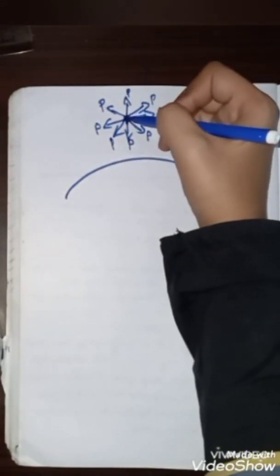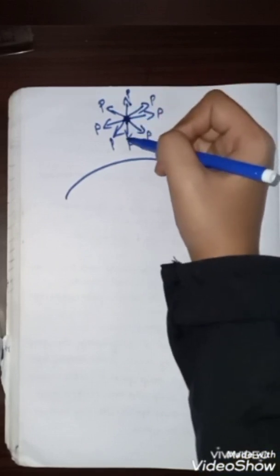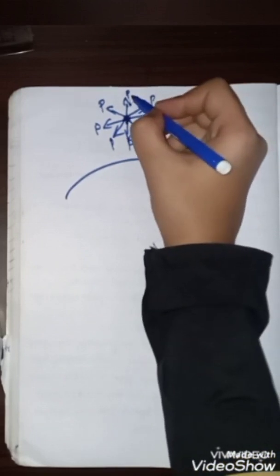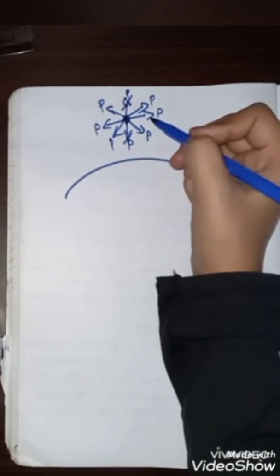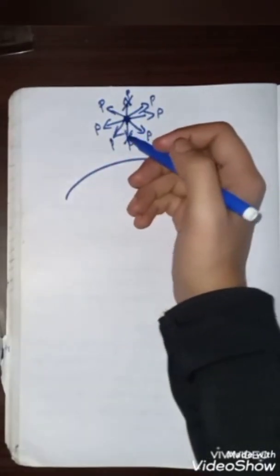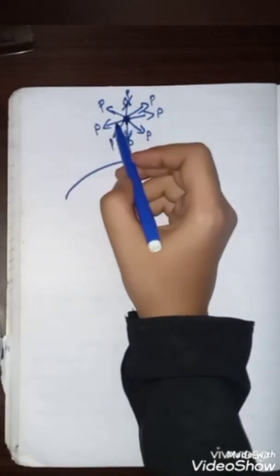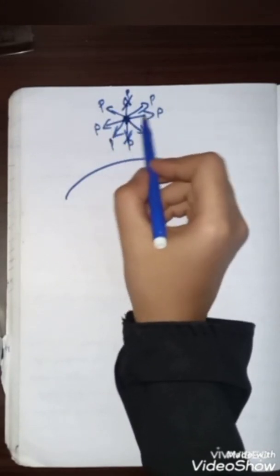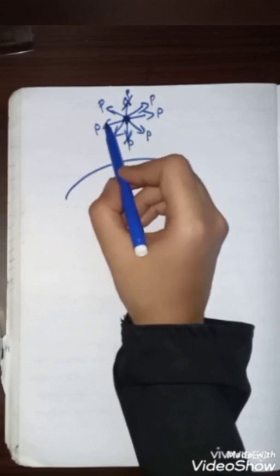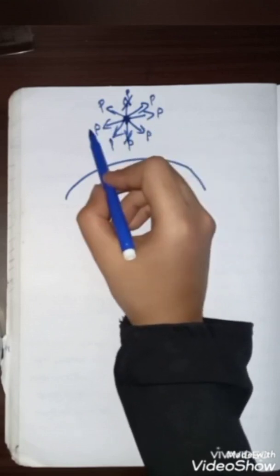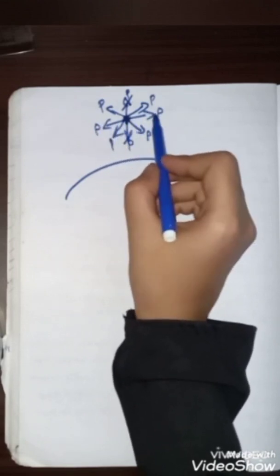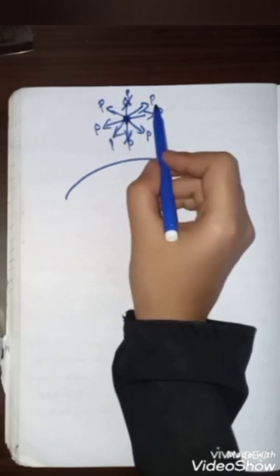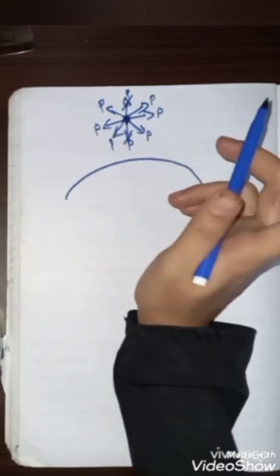So here the pressure is exerted above, and here the pressure is exerted below, so these two pressures get cancelled. Suppose in tug of war we are pulling the rope, the two teams are pulling the rope in opposite sides. Here the pressure is equal, that is, the teams have the same power, so the net force will be cancelled.